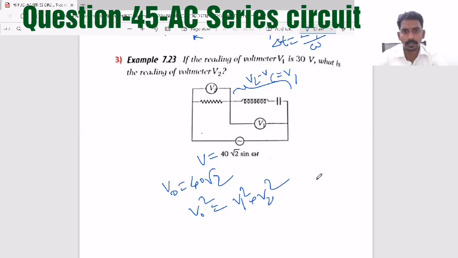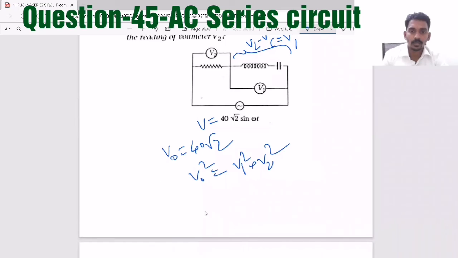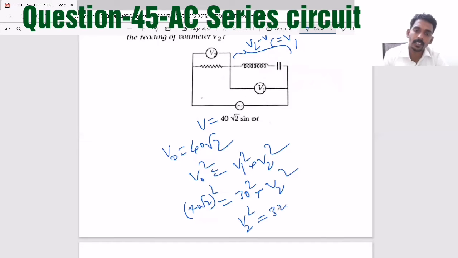The reading of voltmeter V1, that means VL minus VC, they have given as 30. So V0, which is 40 root 2, whole square, equals 30 square plus V2 square. So V2 square will become 40 root 2 whole square, that means 3200 minus 900.